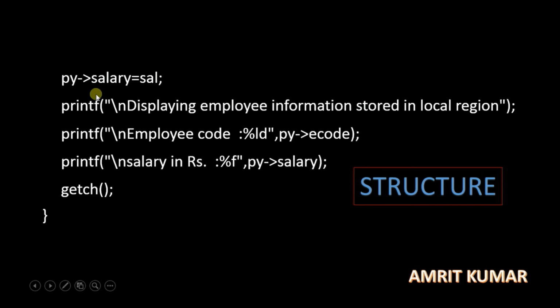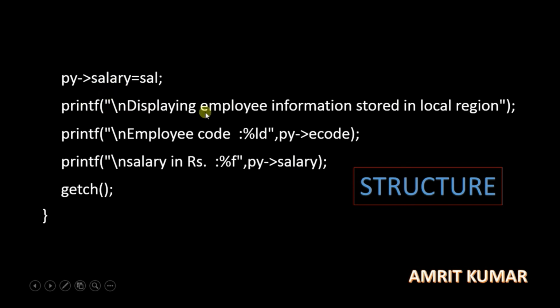Then I am assigning the salary variable into the pointer of py salary. So what will happen here is that salary is going to be assigned in py of salary, meaning py is a pointer which contains the data type employee, and in employee I am placing our value into the salary.